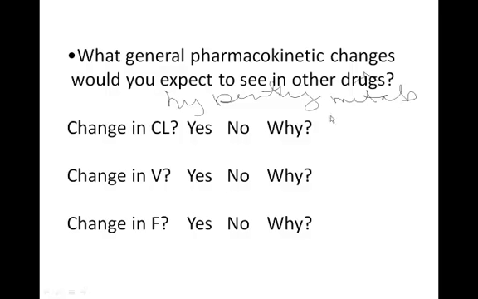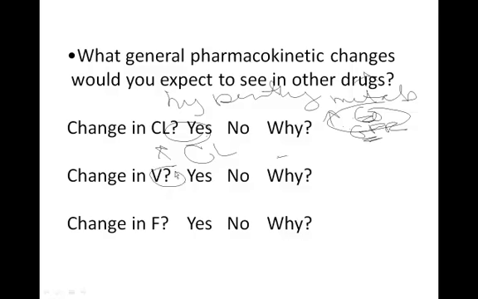So the big things we're going to see is an increase in cardiac output, increase in GFR, and all of these things would relate to an increase in clearance. So yes, we would expect an increase in clearance because of all this increase in blood flows for some drugs. Drugs that are cleared renally, drugs that are cleared hepatically, that are high extraction drugs, you would definitely see an increase in clearance.